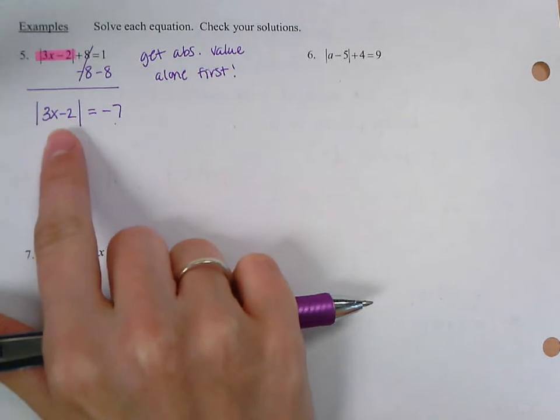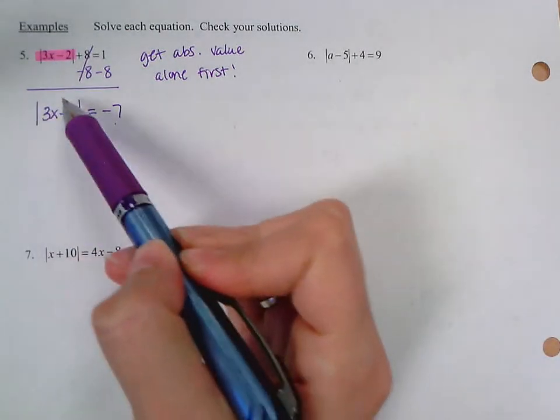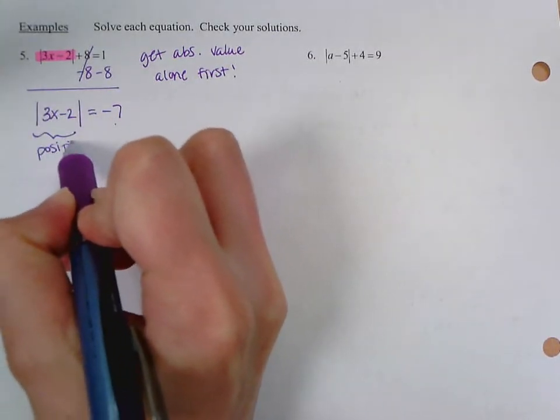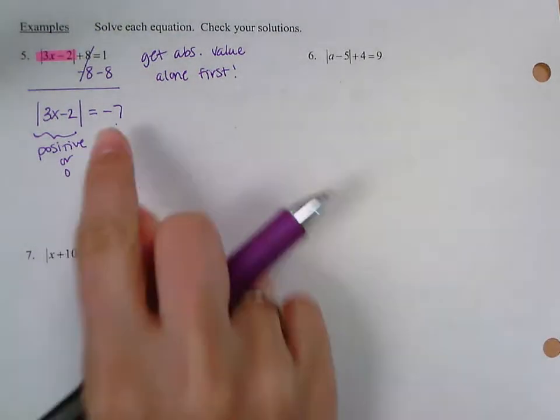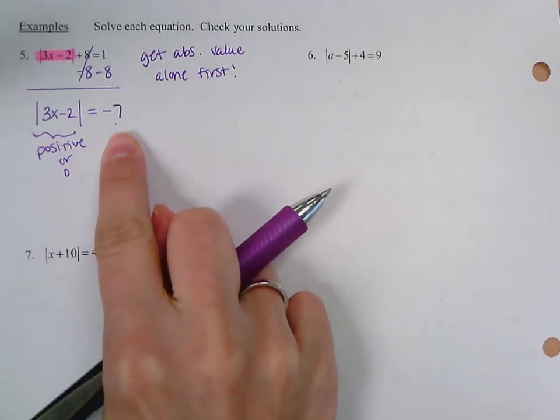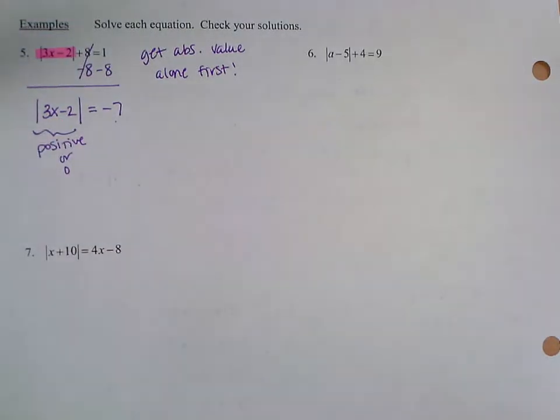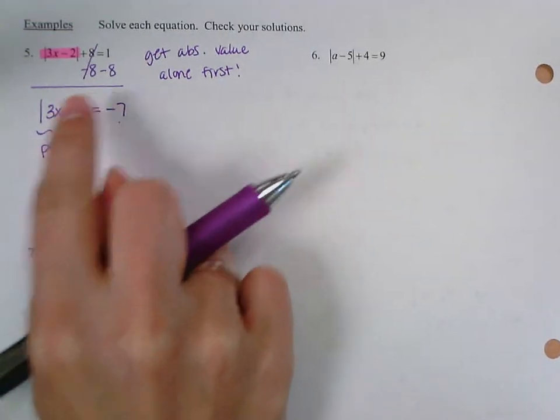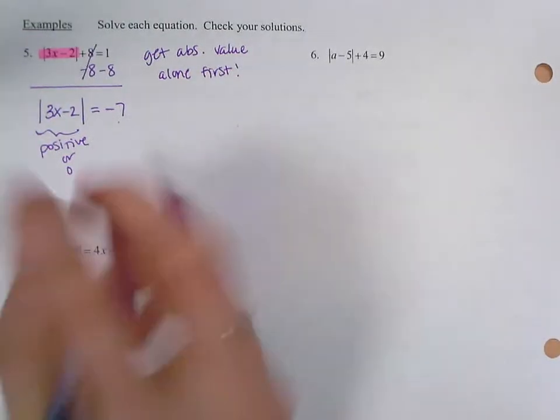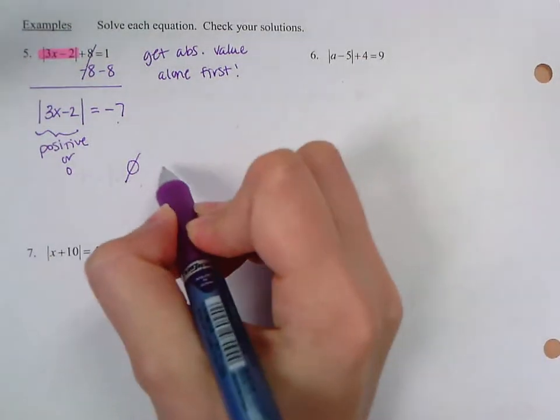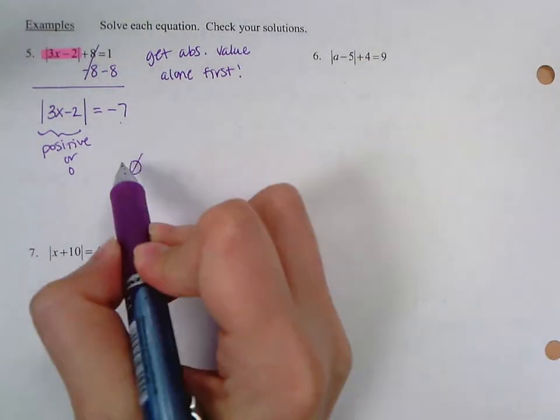No matter what I put into this equation for x, when I take the absolute value, this side has to be a positive number or 0, meaning it will never equal negative 7. I can't get negative 7 on this side because I'm taking the absolute value. So now that I have this equation, I can just say there is no solution to that equation. And you can put that empty set symbol, or you could actually write out the words no solution.